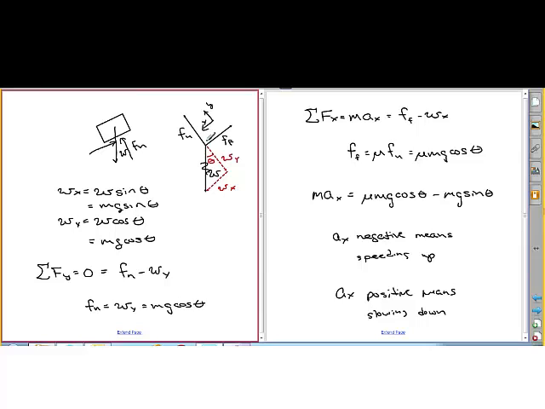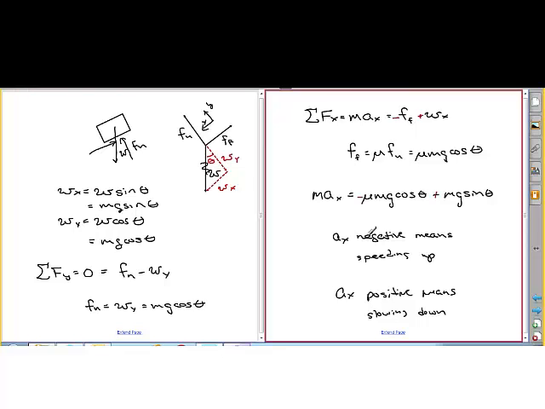In this equation, because down is positive, this would become negative, and that would become positive. And therefore, these would be opposite.